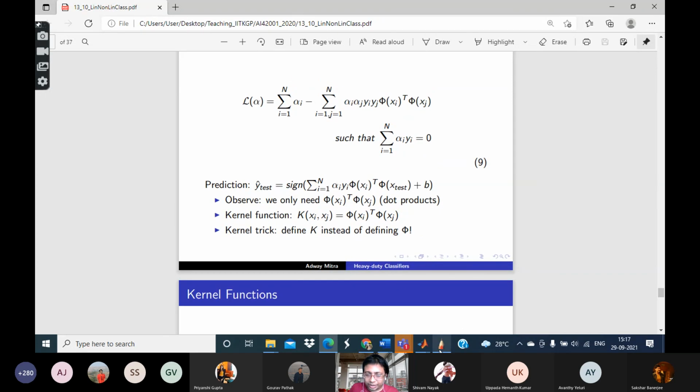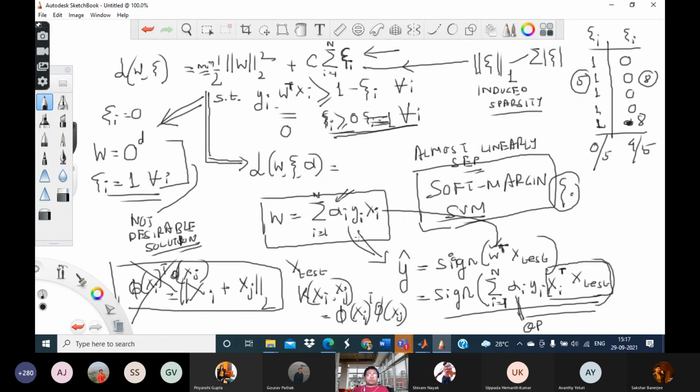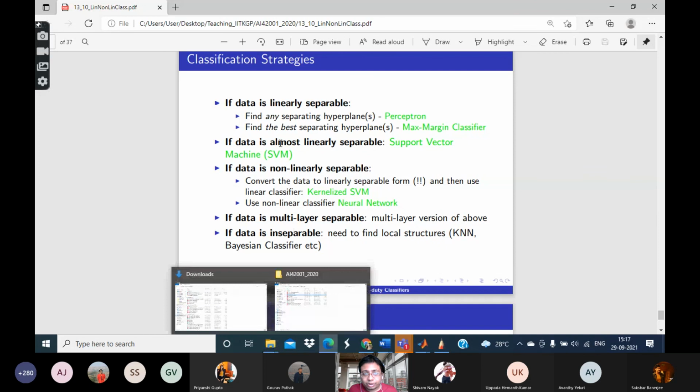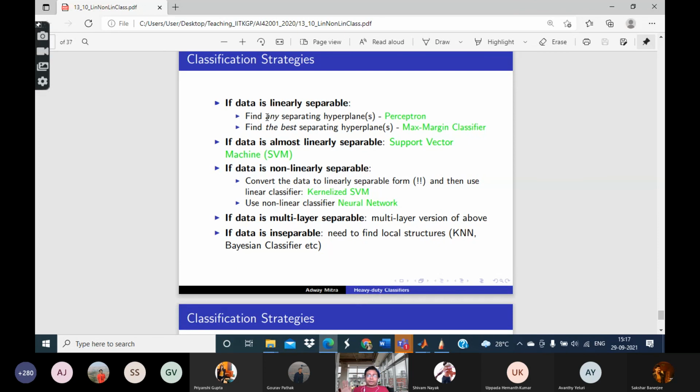So just to summarize, whenever we come across a linearly separable data set, if we want to separate the two classes using any separating hyperplane or any linear classifier, we go for the perceptron algorithm. If I am interested in finding the best or the most optimal linear classifier, we have to go for the max margin classifier, which is also called the hard margin SVM.